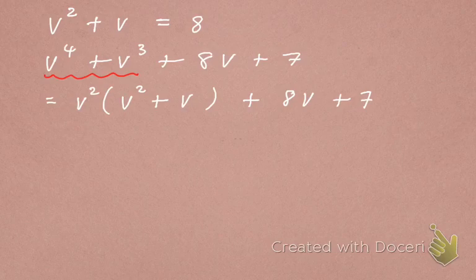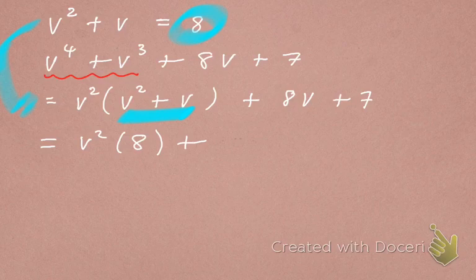And what you can see here is exactly the expression that we were looking for: v squared plus v. Remember, if you take the top expression here, v squared plus v is equal to 8. And so what we will then do is replace that expression in brackets by 8, and we can simplify that by simply writing 8v squared plus 8v plus 7.